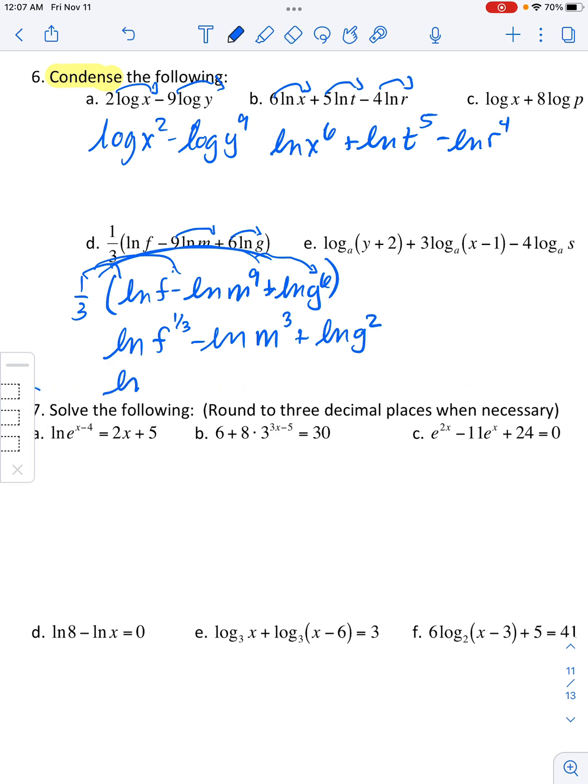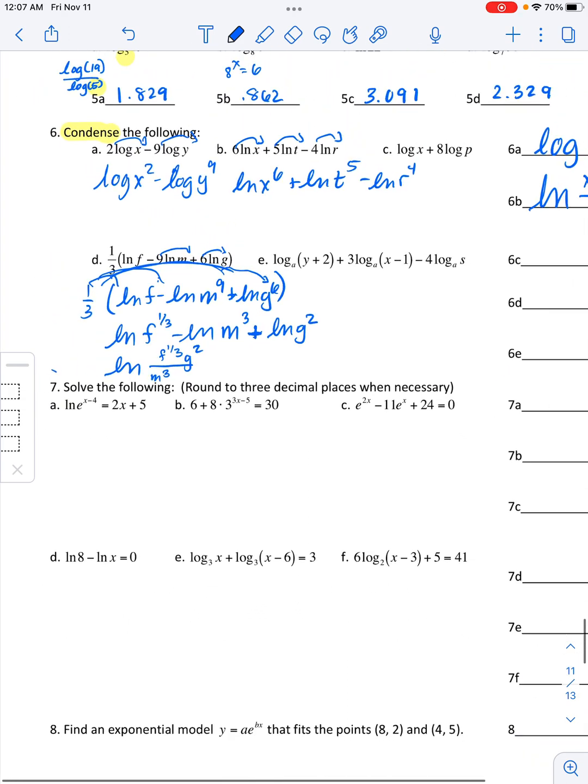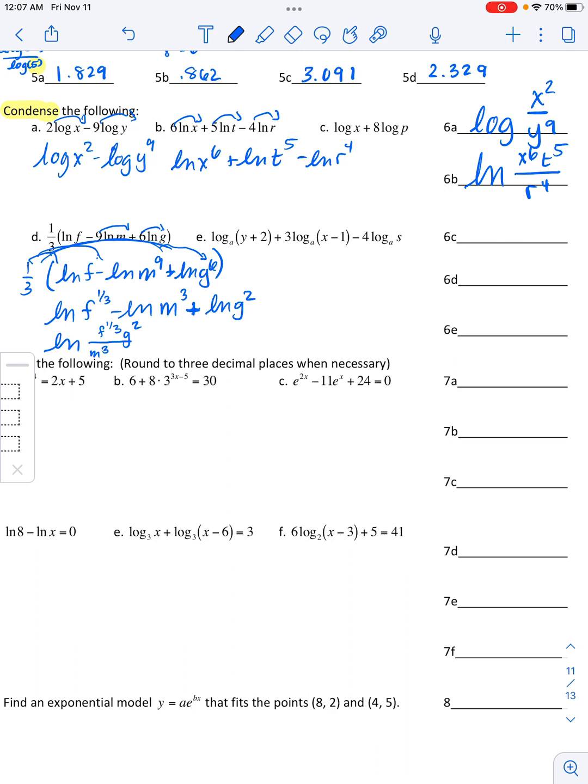So this is going to be ln written once. I would have f to the 1/3 on the top because that's a positive term. But this second term, minus ln m cubed, means the m cubed goes on the bottom. But then my next term follows a plus sign, so my g to the 2nd goes on the top. But I don't write a 1/3 power in my answer.